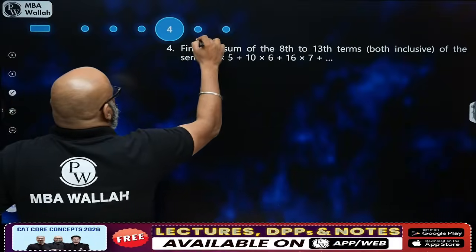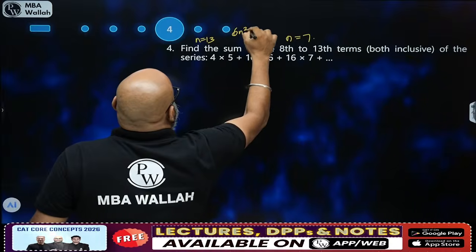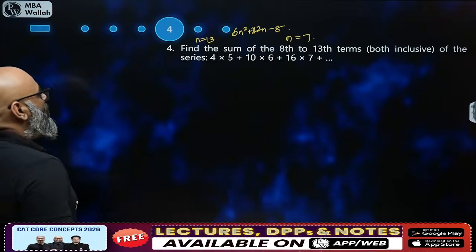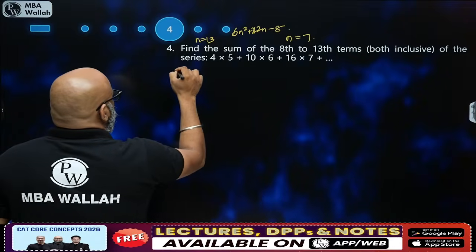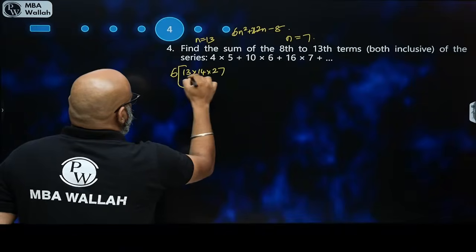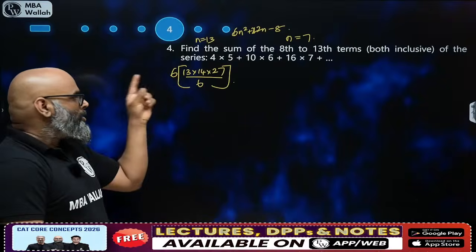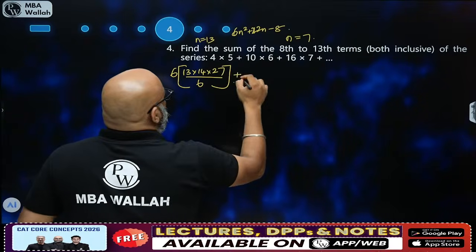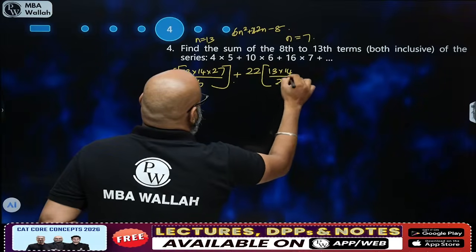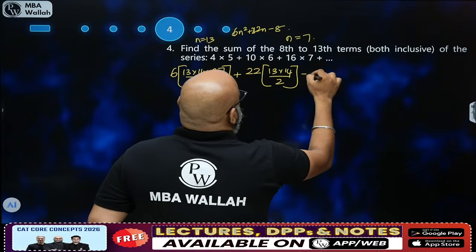So first case is n equal to 13. Second case is n equal to 7. 6n square plus 22n minus 8. This is what I need to work for. So I'll take out 6 common. 6 into 13 into 14 into 27 by 6, summation of n square into 6 plus 22, take it out common, 13 into 14 by 2, summation of n terms minus 13 times 8.